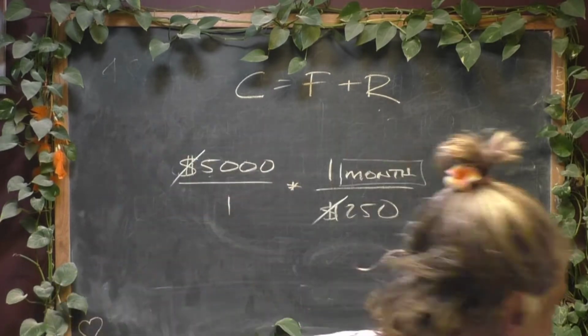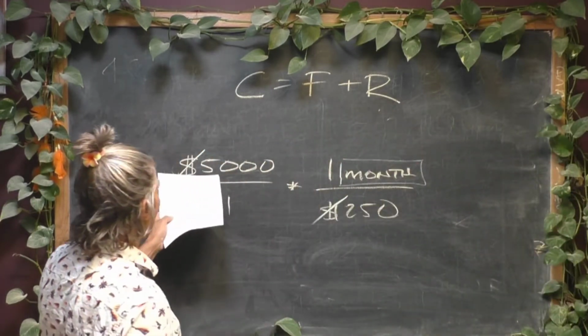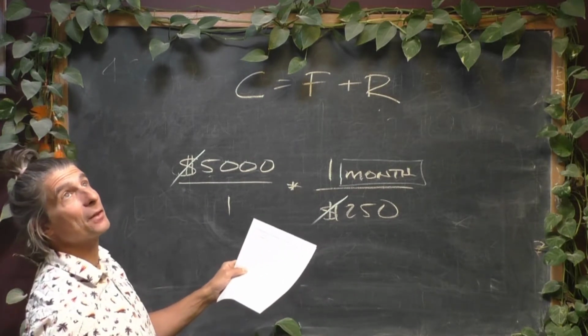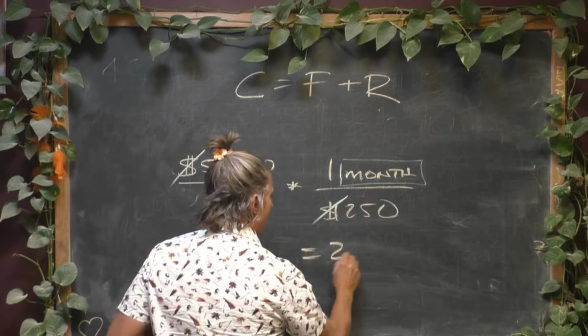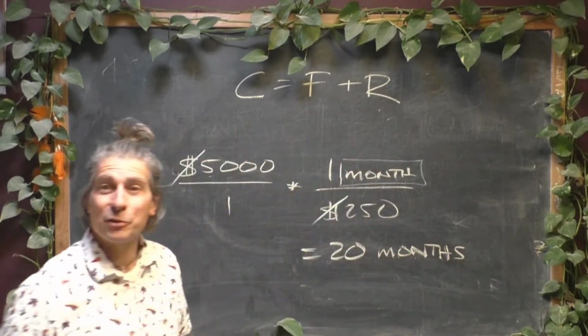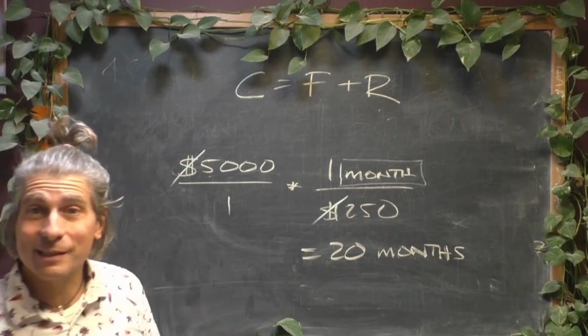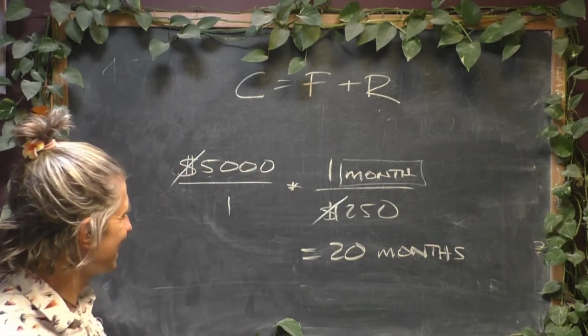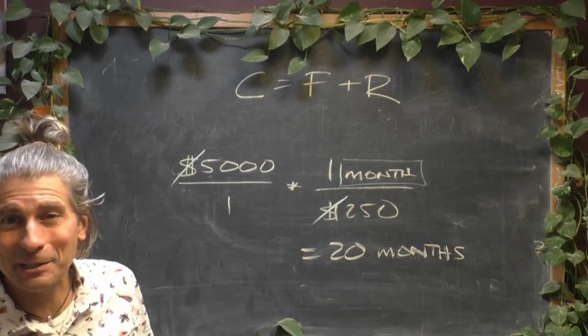So all you have to do is do the math, right? So it's 5,000 divided by 250. And if I do the math in my head, that's going to be 20 months. 20 months you've owned the car, assuming that the total cost was $10,000, which means the repeated cost was the $5,000. Cool. I told you, dimensional analysis isn't going anywhere.